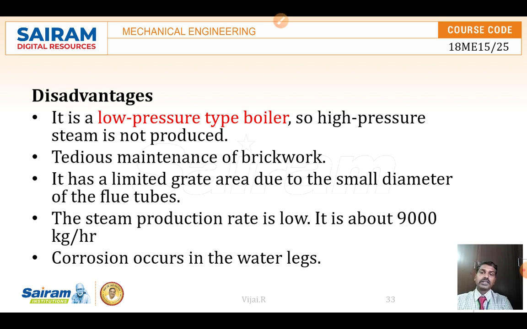Maintenance is the toughest area here, and corrosion occurs due to water. The steam production rate is very slow because the entire water surrounded in the boiler is heated only through the fire tubes, so the steam production rate is very low in the Lancashire boiler.